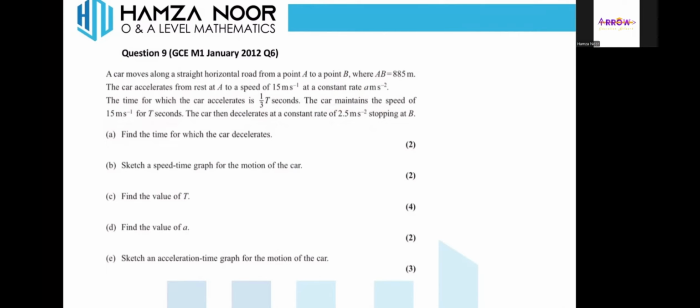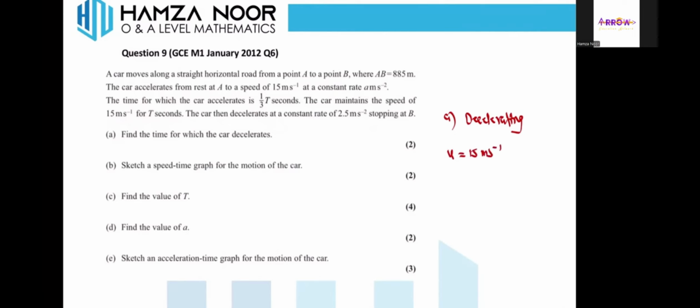So here I'm doing the working for part A, meaning when we are decelerating. Just before deceleration, we are going with a constant speed of 15 meters per second for t seconds. So when deceleration starts, the initial velocity will be 15 meters per second.